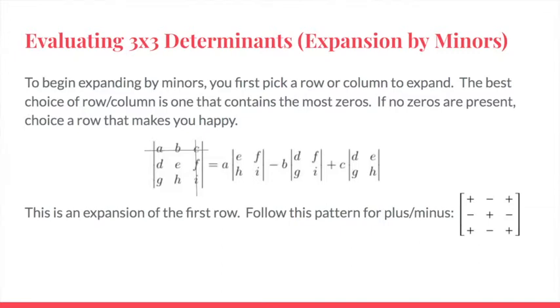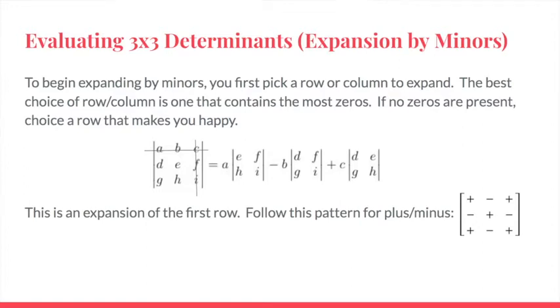Then just keep in mind, you need to know this little matrix down in the bottom right that has pluses and minuses in it. That's the pattern that you have to follow based on what row or column you choose. If you choose the first row, like I did in this little example, then your first term will be a plus, your second will be a minus, and your third will be a plus. But say, for example, you wanted to use the second column or the second row.